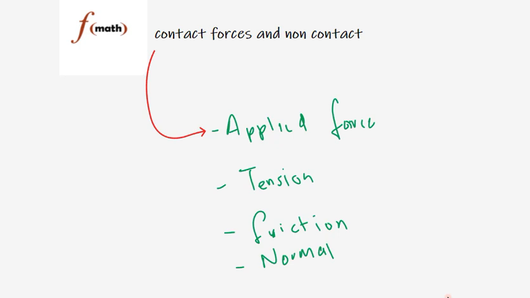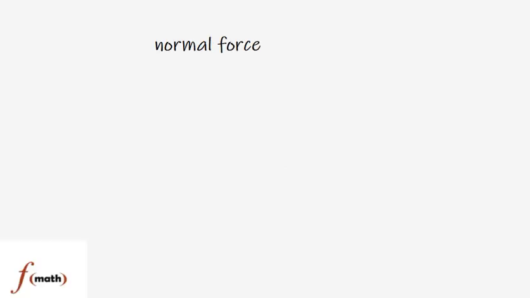And a normal force is a force that a surface exerts on an object that is in contact with it, as the definition says. The normal force is the one we'll be working with here, because most of our calculations will involve the normal force. What exactly is a normal force? A normal force arises whenever there is a surface and an object.